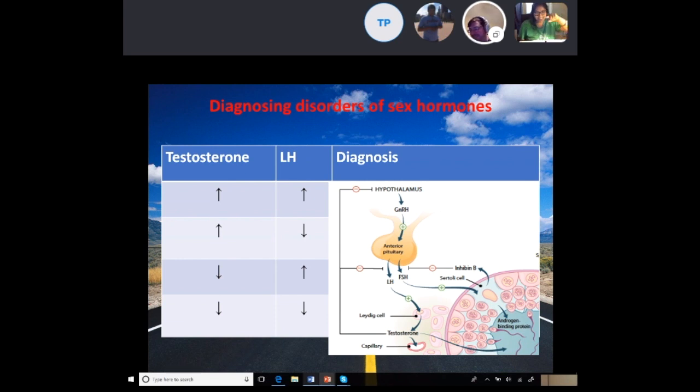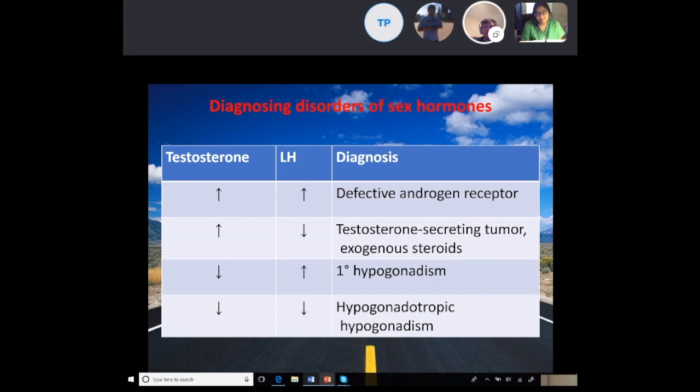Okay. It's just that the line off of testosterone makes it a little confusing. Well, we're about to go over examples of most of these, so we can discuss that a little further.